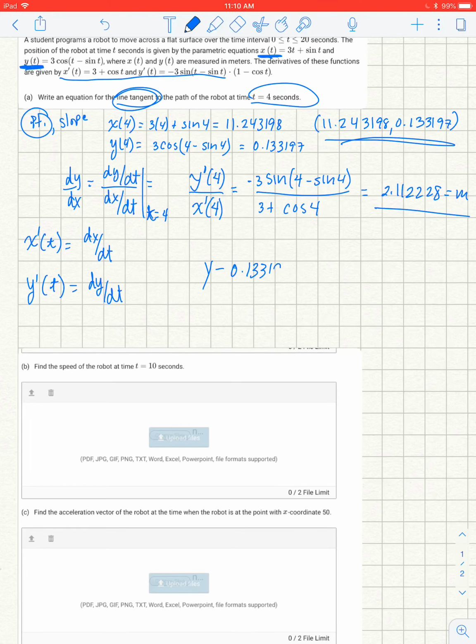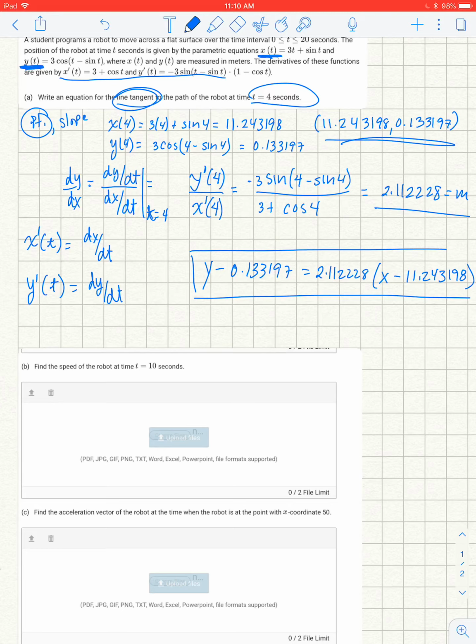Y minus 0.133197 is going to equal our slope, 2.112228, times x minus our x coordinate, and that would be your equation of the tangent line.